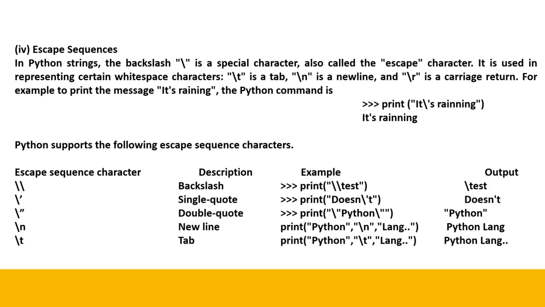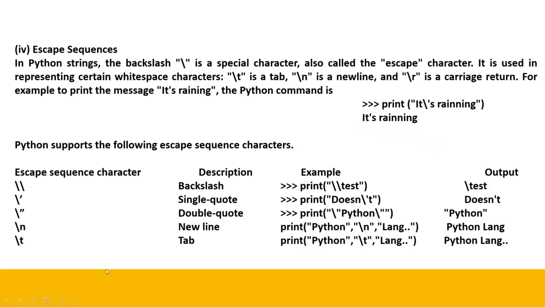So for that you can see the command given as print("it\'s raining"). What we give in double quotes, within that we can see a backslash apostrophe. So in order to get it like it's raining, you have to type it like this.